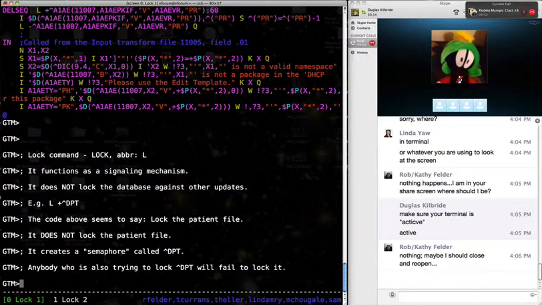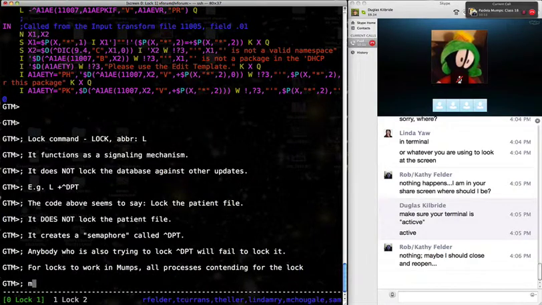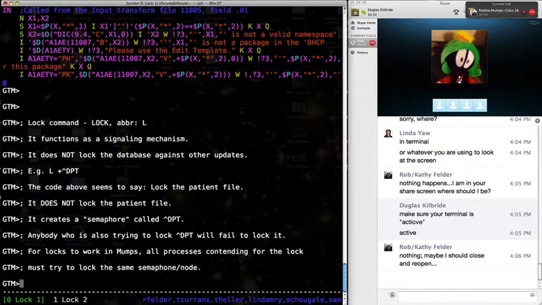So essentially, for locks to work in MUMPS, all processes contending for the lock must try to lock the same semaphore node. It's not semaphone, semaphore.